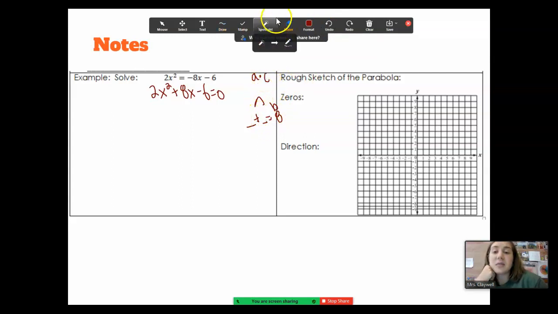I need to do a times c, which is negative 12. That would be a positive. So this is 6 and 2.